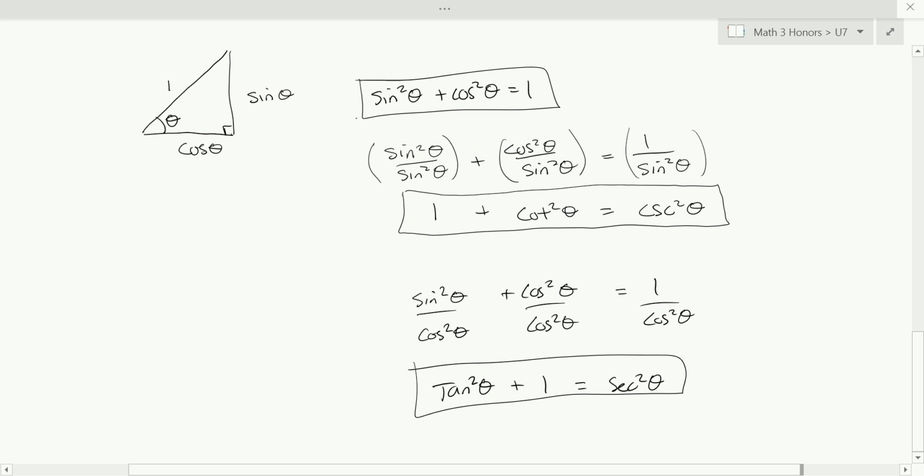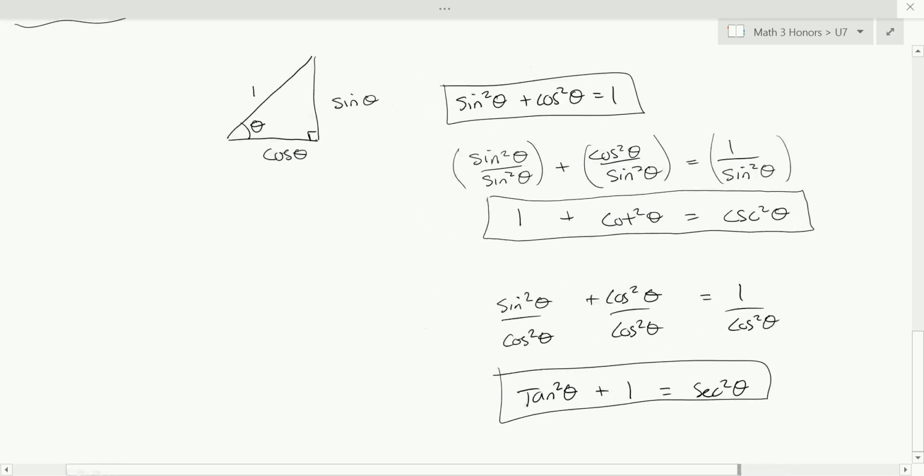For example, because sine squared plus cosine squared equals 1, you can rearrange that. Okay, so if I have sine squared theta plus cosine squared theta equals 1, what would cosine squared theta equal?